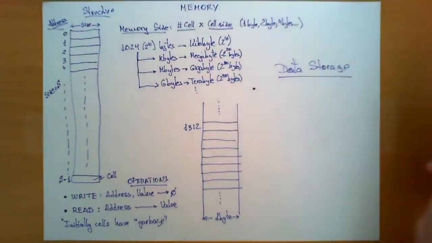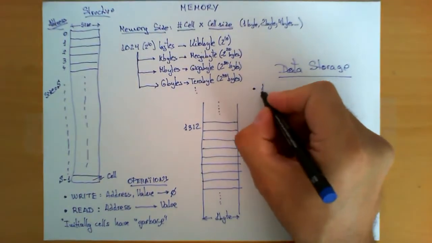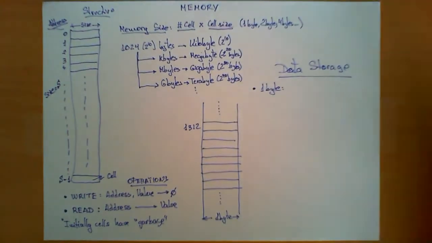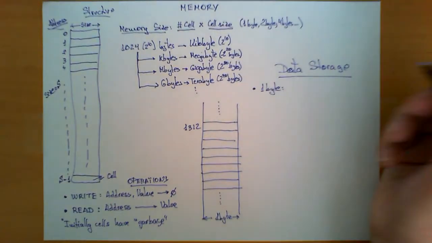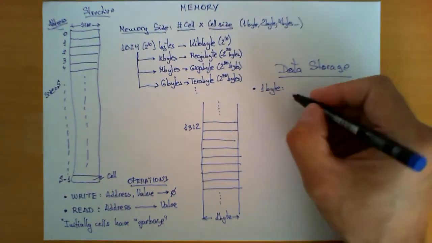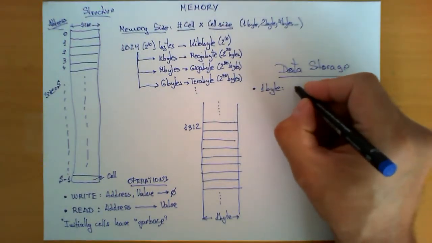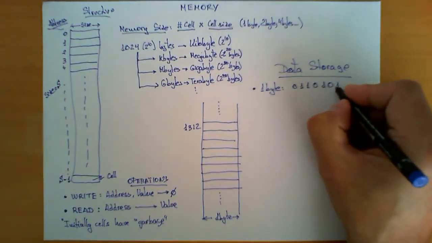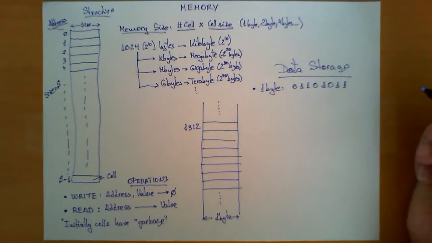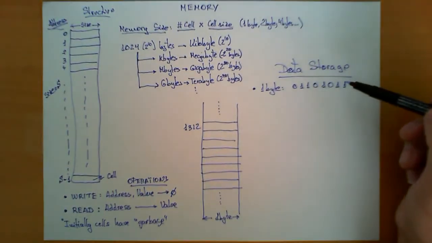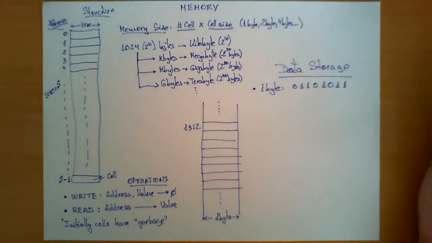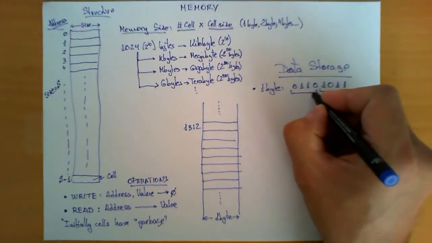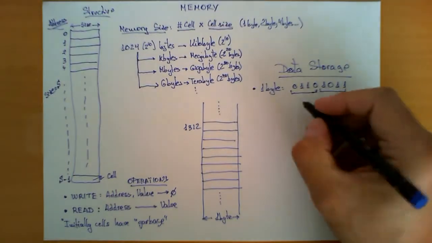So let's start with the example. Let's see the easiest one. How do we store 1 byte in memory? Well, this is a piece of cake, right? 1 byte, we say, is 8 bits, and typically the byte could be represented by the 8 bits, let's say 0, 1, 1, 0, 1, 0, 1, 1. But you'll agree with me that this is a little cumbersome to manipulate, and the trick we learned before is that we can group these bits in groups of 4 and translate them into hexadecimal notation.